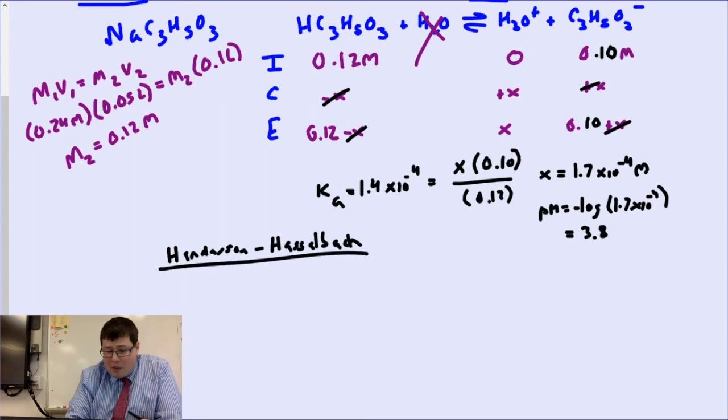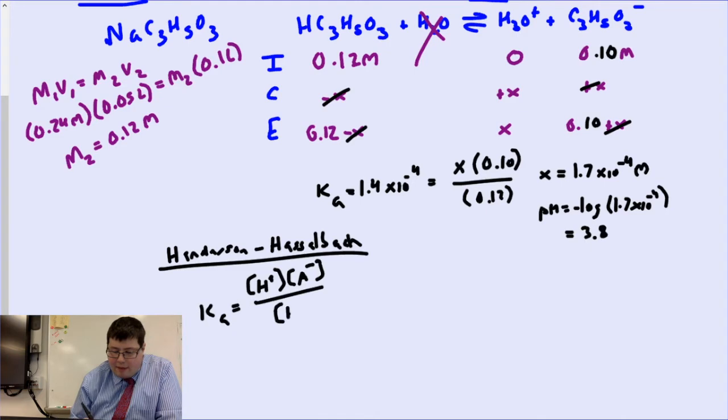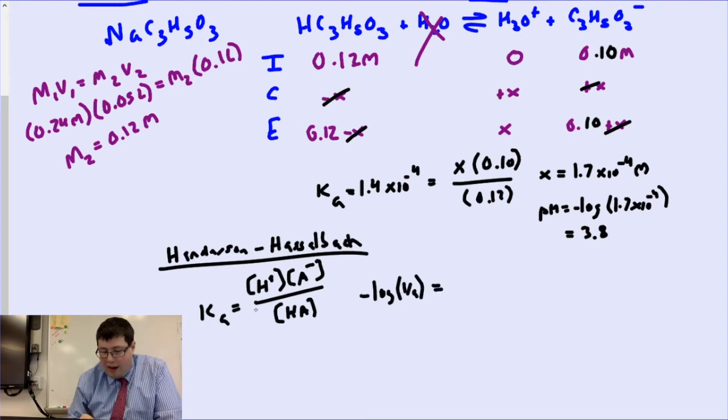But if we use this equation, the way to find it is that if we took our Ka expression for our weak acid, which is just that H plus times A minus divided by HA, that's our standard equilibrium expression for a weak acid, if I took the negative log of both sides, I'd get negative log of the Ka equals, now I get a big mess there, negative log of H plus times A minus divided by HA.